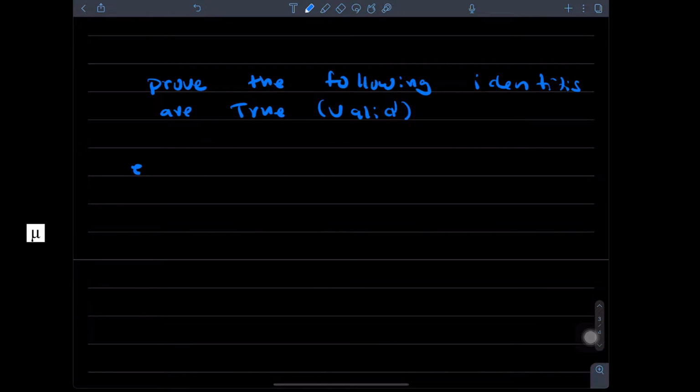We could use any variable, so don't get nervous and say, how come you have x or how come you have theta? It doesn't matter. The variable does not matter. So you have cosine theta times cosecant theta equals cotangent theta.